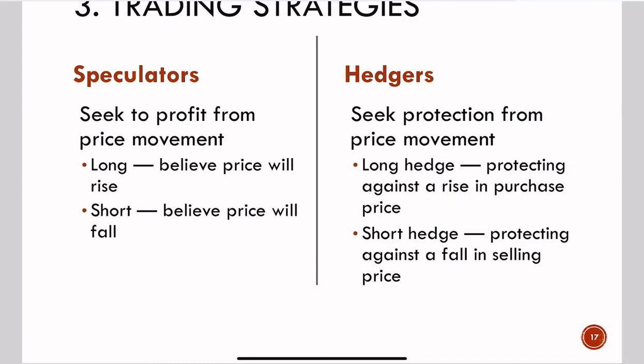So in the world of hedgers, we could have long hedgers and short hedgers. Long hedgers means you're taking a long position in the futures contract. Short hedger means you're taking a short position in the futures contract. So why do you want to take a long position in the futures contract to hedge against price movement?